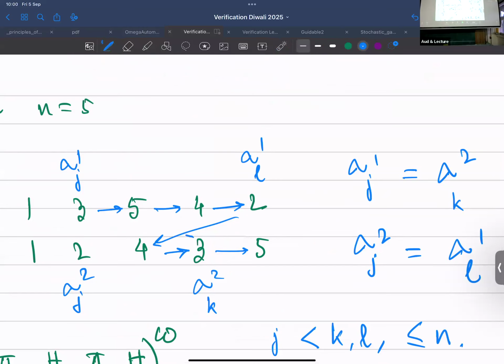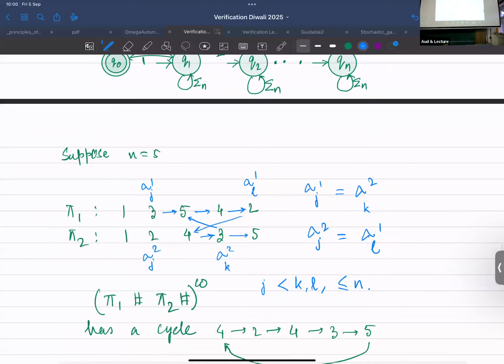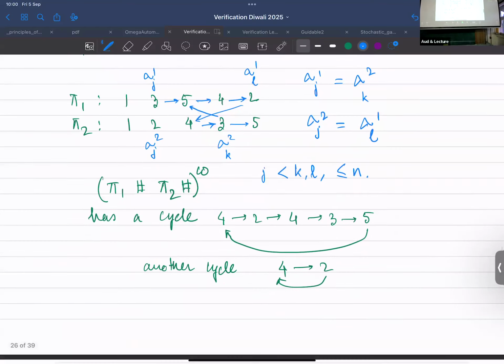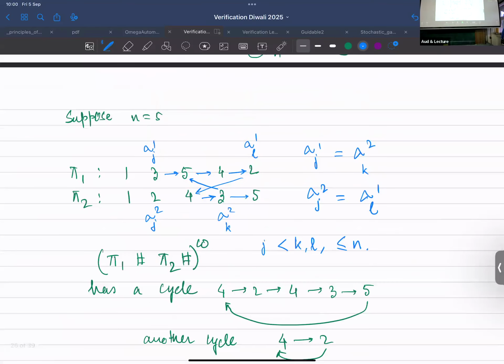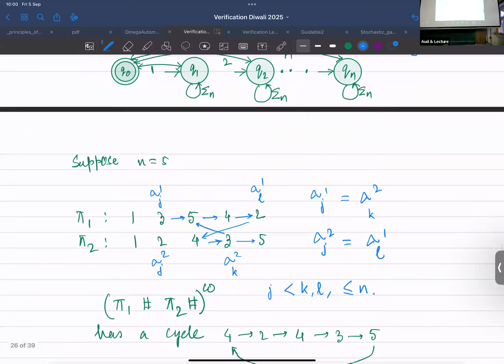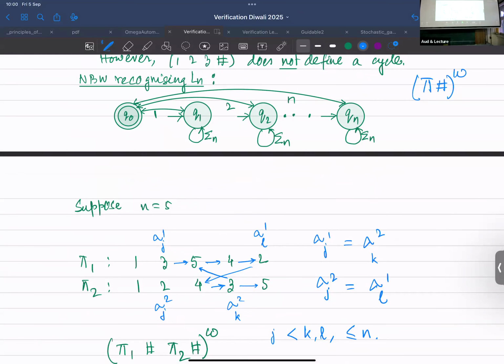So I could have gone from here to here. Clear? So you see that I'm getting a cycle. In fact, there can be more than one cycle. It's not necessary that I have just a single cycle. As long as there exists a single cycle, this should be in the language. So this word is accepted by this automaton. Clear? Okay, good.